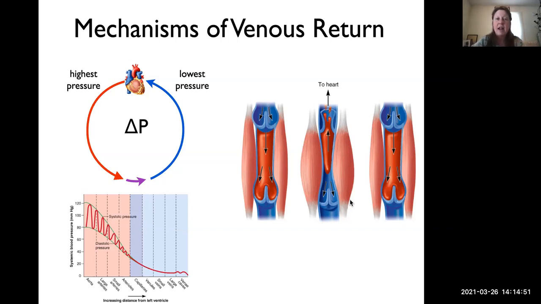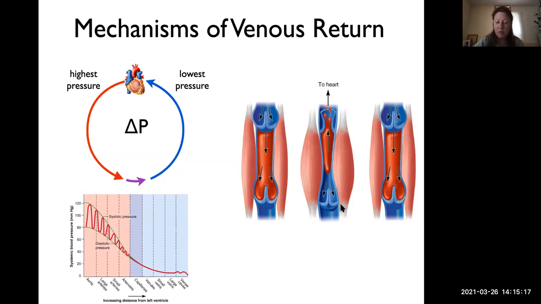In fact, gravity takes care of things so well that the veins in your head and your neck do not contain valves, which is why if you flip upside down, it feels like all the blood in your body rushes to your head.